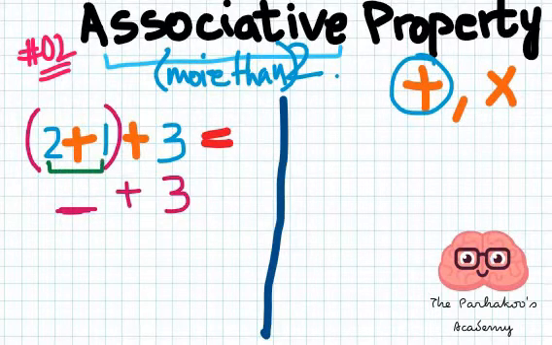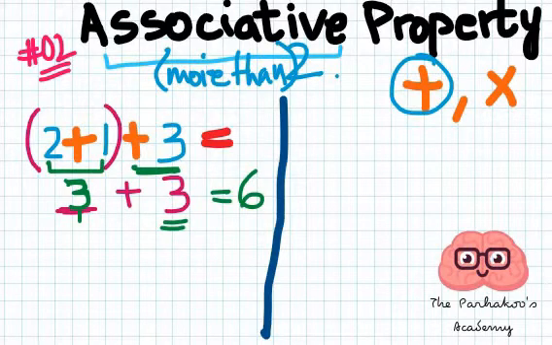So 2 plus 1 is 3. Whatever our answer is, that is 3, we add this into the third one, which is 3 again, so it would be 6. So this was option 1, right? Now let's see option 2.